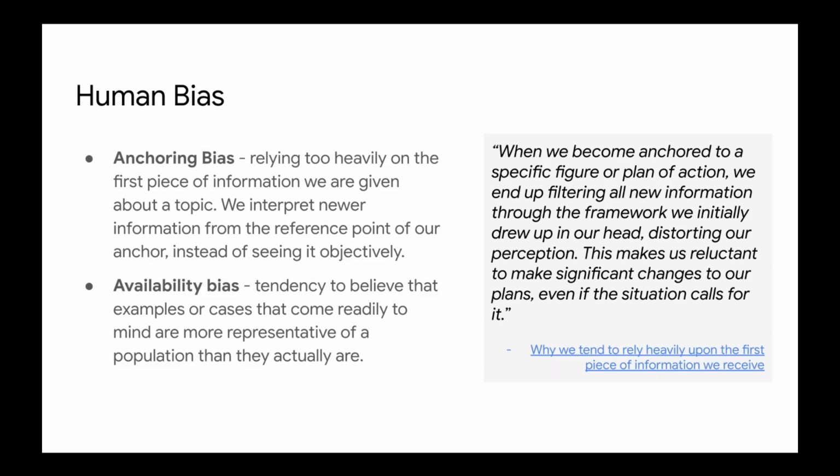If you wanted to spend an afternoon Googling different biases, you can be entertained by that for hours. But here are a few that intersect with how we would interpret a machine learning system. So there's anchoring bias. Anchoring bias is when you have one piece of information and then that becomes your anchor or your reference point for every other new piece of information.